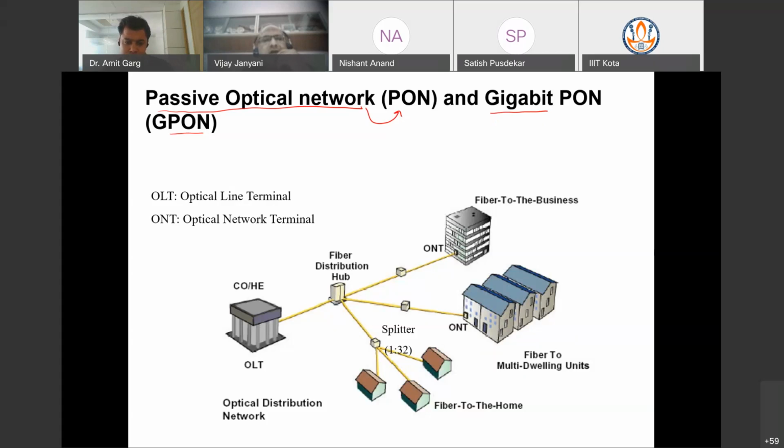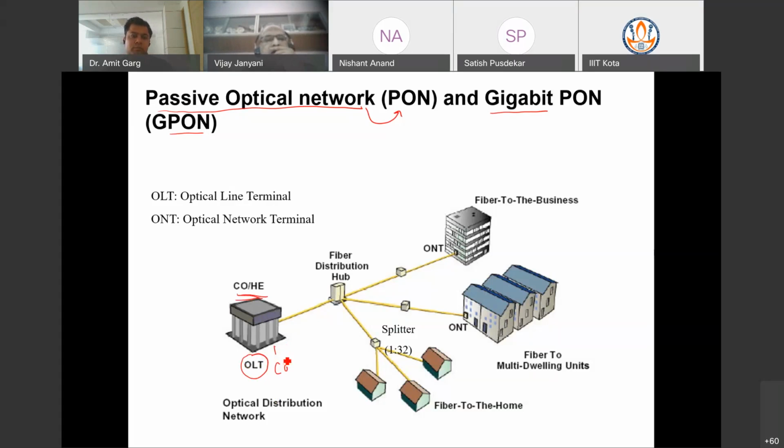First of all, I will tell you why it is called passive network. But before that, there is an OLT here, that is optical line terminal, at the central office or head exchange.